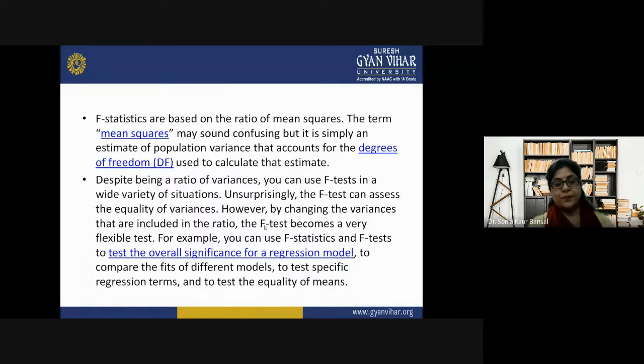For example, you can use the F-statistic and F-test to test the overall significance for a regression model, to compare different models, to test specific regression terms, and to test the equality of means. So just understand how we are going to use the F-test.